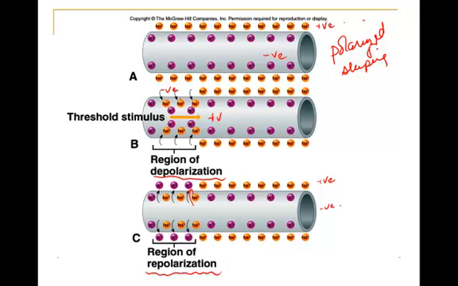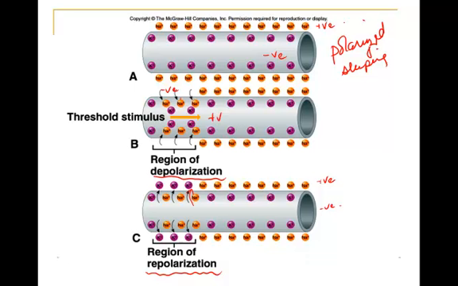The only problem with that is that now we have the players on the wrong side of the fence. Sodium's inside and shouldn't be, and potassium's outside and should be inside. So we need to restore that somehow, and what we'll do is start shifting it back in.